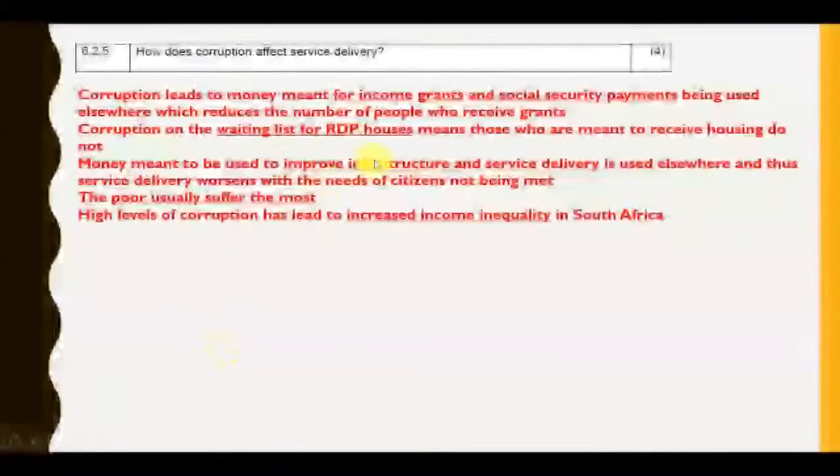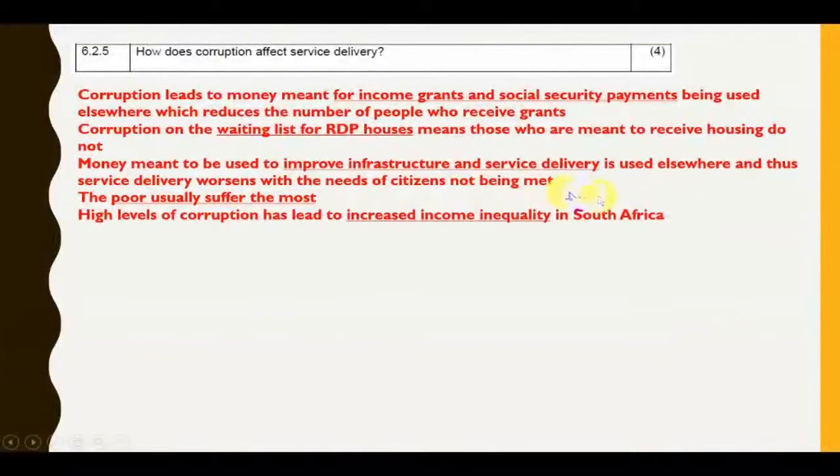Money meant to be used to improve infrastructure and service delivery is used elsewhere. Service delivery worsens. The needs of citizens are not being met. Almost every day in our country, grade 12s, we hear about service delivery protests. And that is exactly what the question is talking about.